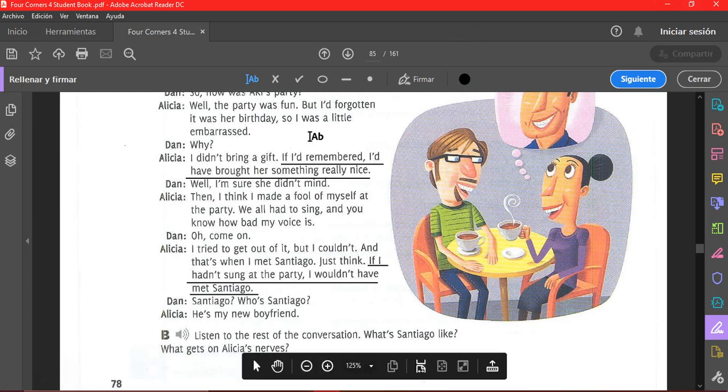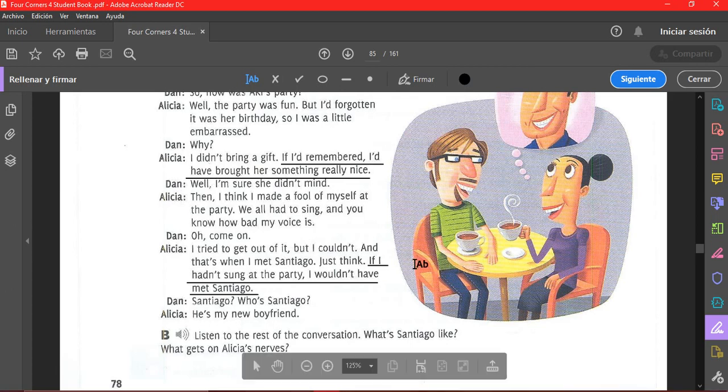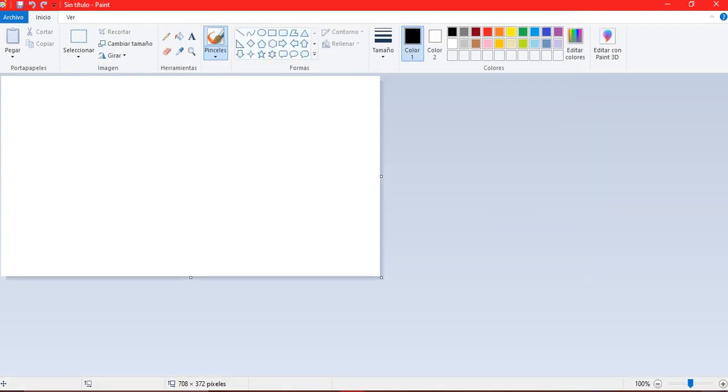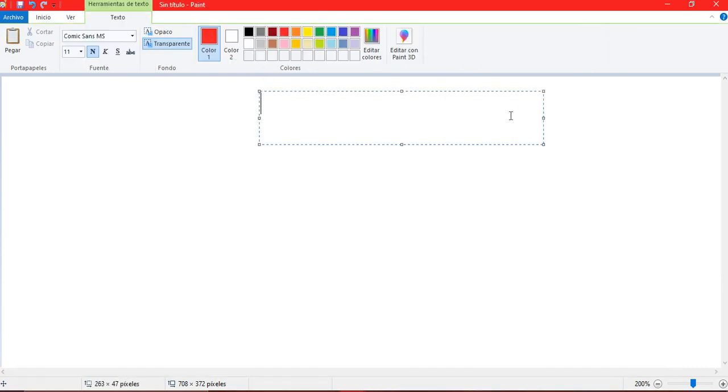Number one says, if I'd remembered, I'd have brought her something really nice. If I hadn't sung at the party, I wouldn't have met Santiago. Like this. Well, in these expressions, let me open another board, yes, because we're using one for the exercises, where we're using a verbal structure called the third conditional. You know, in previous lessons we have talked about the zero, the first, and the second conditional. Well, the third conditional.